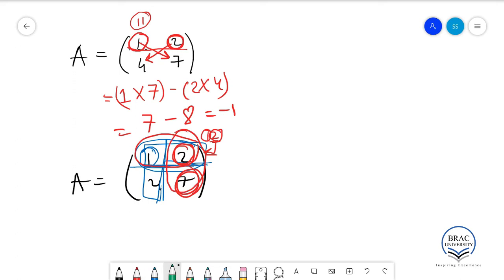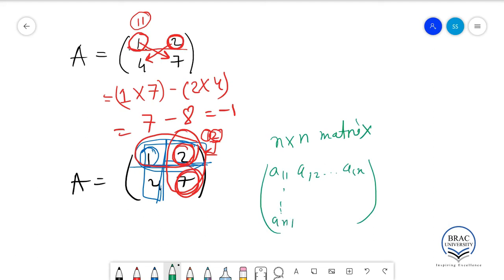In general, if you had an n cross n matrix, with entries a11, a12, and so on up to a1n, and you start from here, you take this element first and forget about the corresponding row and column.